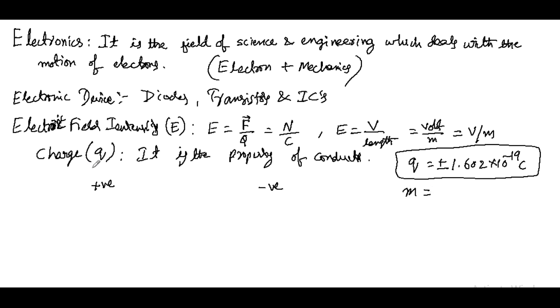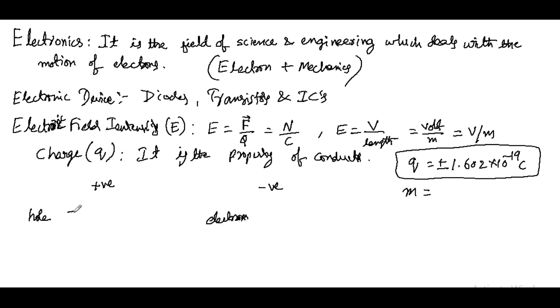Positive charge is also called a hole and negative charge is also called an electron. From now on we use these two words: one is hole and another is electron.